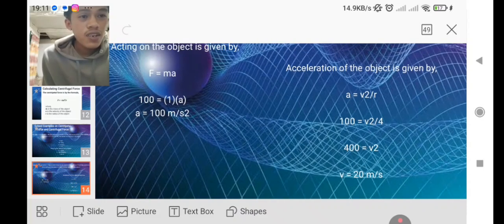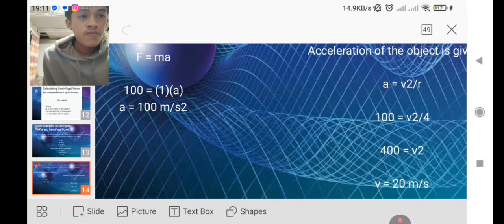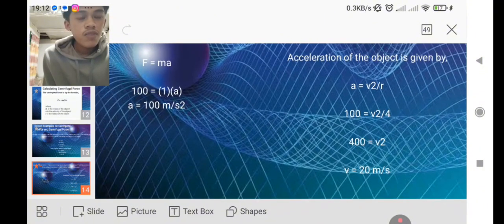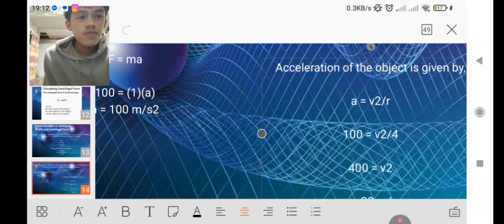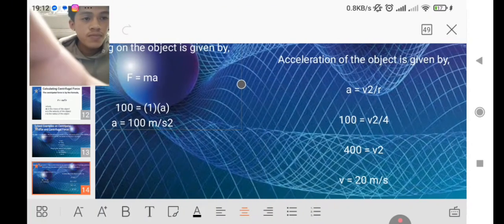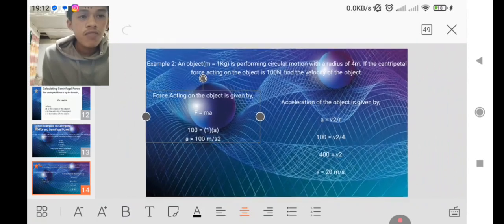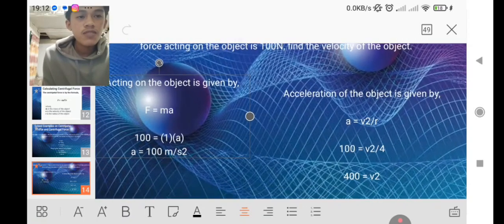Given ang acceleration 100 equals velocity squared over 4, kay radius niya 4. So 4 times 100 is 400 equals velocity squared. Square root sa 400 is equals to 20. So velocity atong gipangita.